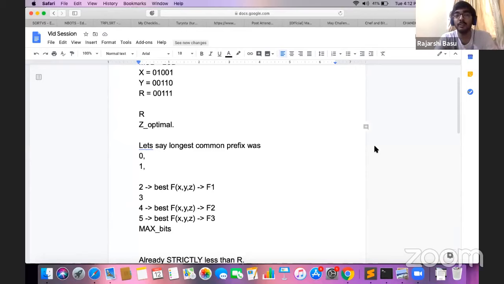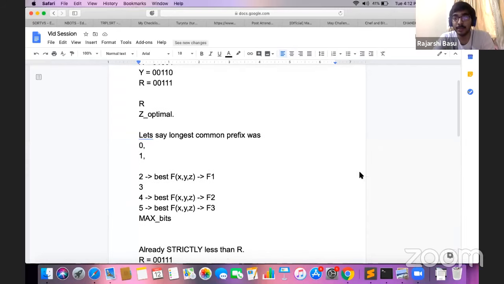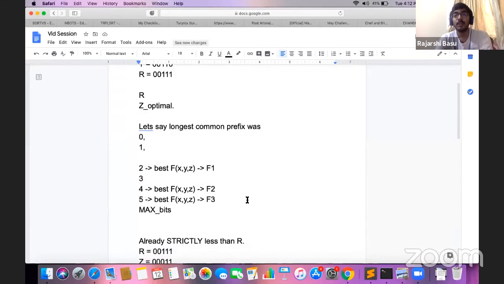So if R was 1 at the 4th place, it has to be 0. If R was 0 at the 4th place, then we just skip over that case, because if R is 0, we obviously cannot set Z to 1 at that index because then Z will be greater than R. Nor can we set Z to 0 because then the longest common prefix is not 3 anymore, it's 4. So in that case, we can skip.